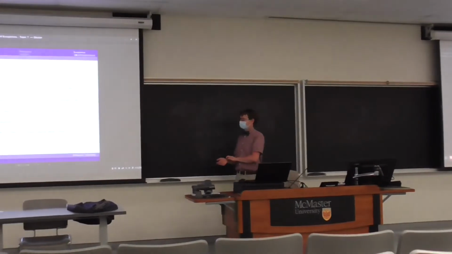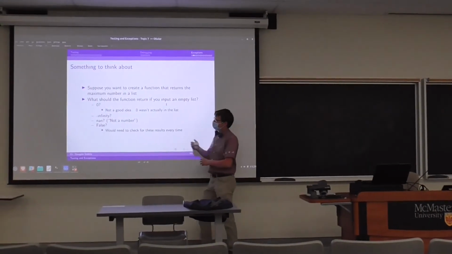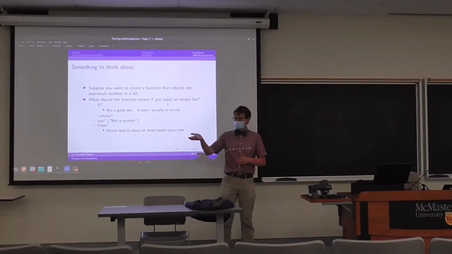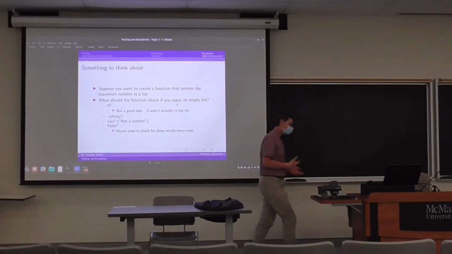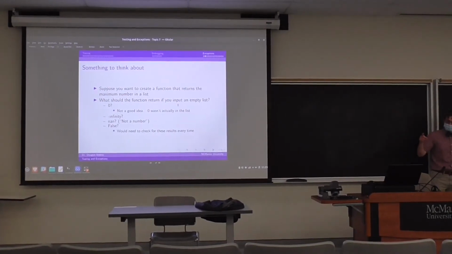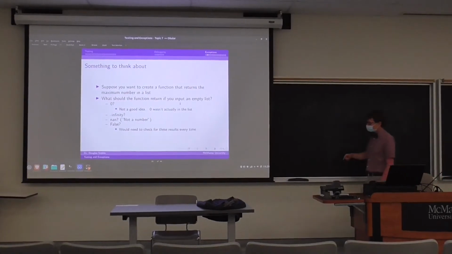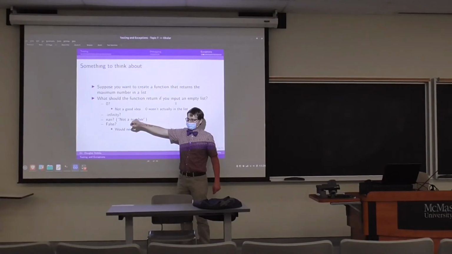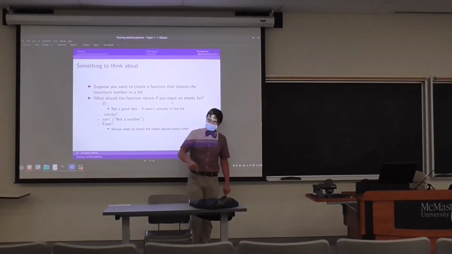You could return infinity, you could return not a number, or a None type in Python. These are okay, but if the result of this function is being used in another calculation, you're going to have to check to make sure that None wasn't returned.